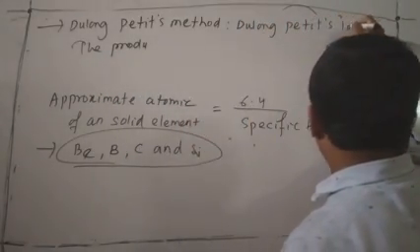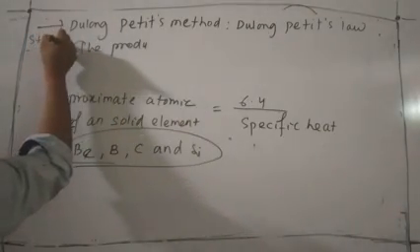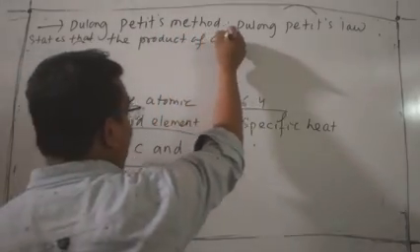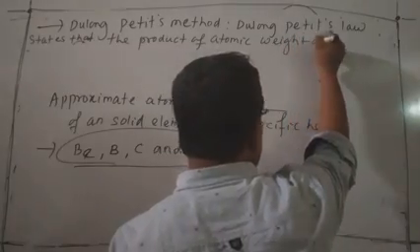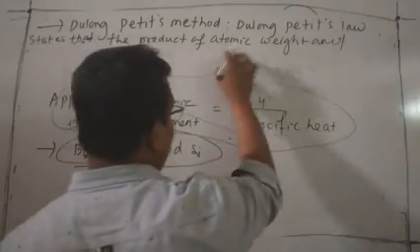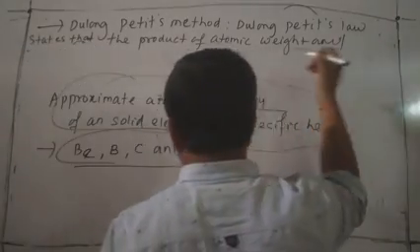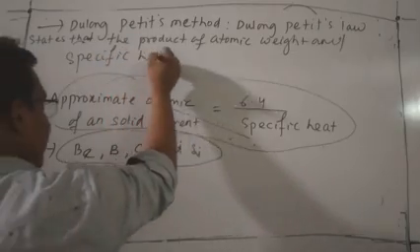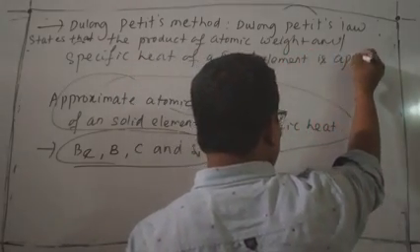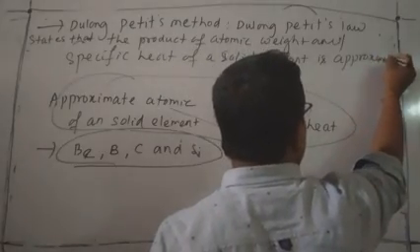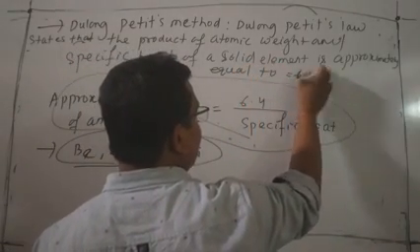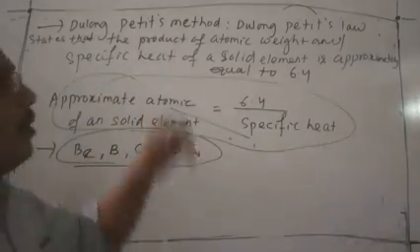Dulong-Petit's law states that the product of atomic weight and specific heat of a solid element is approximately equal to 6.4. Taking this formula we can write that statement. This is the statement of Dulong-Petit's law.